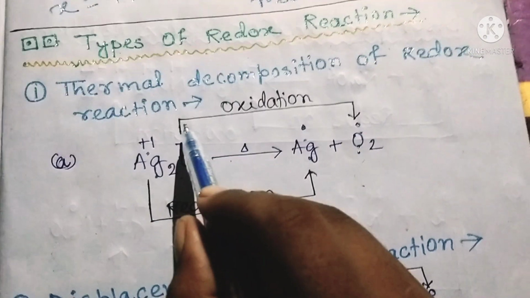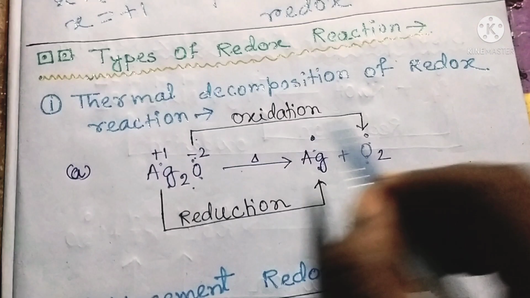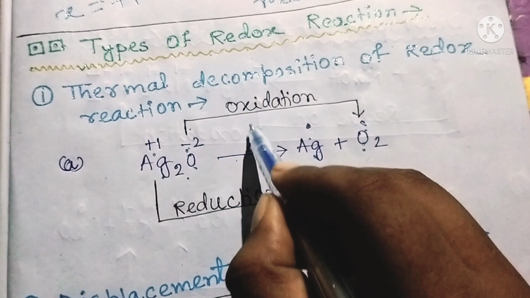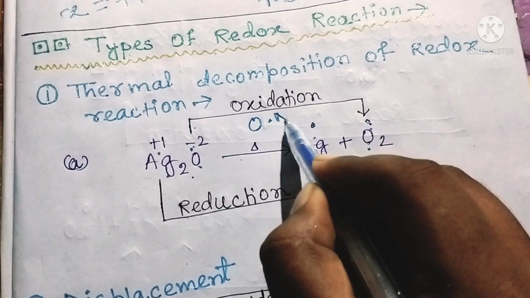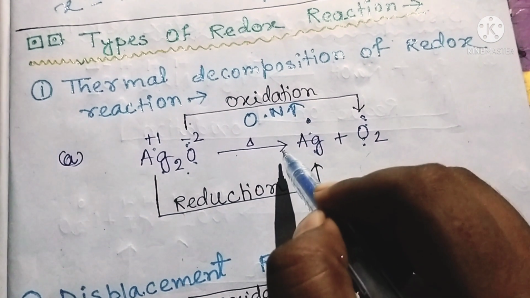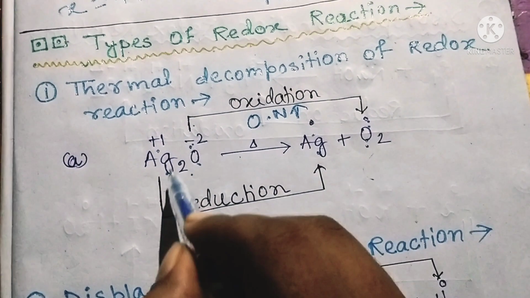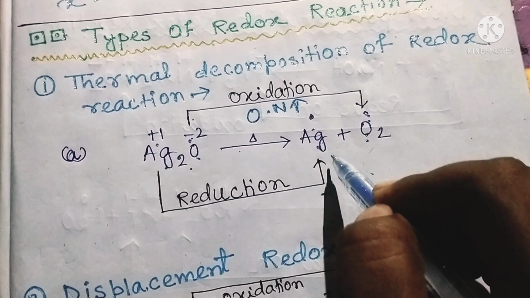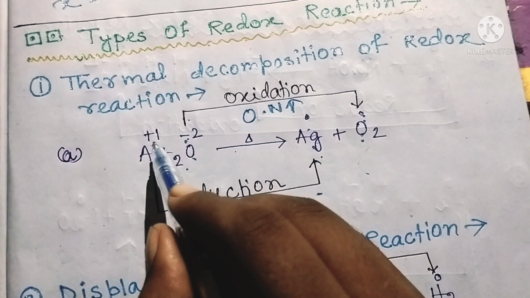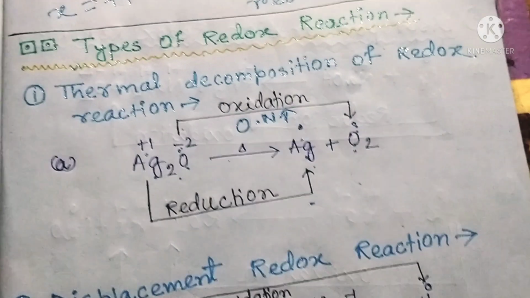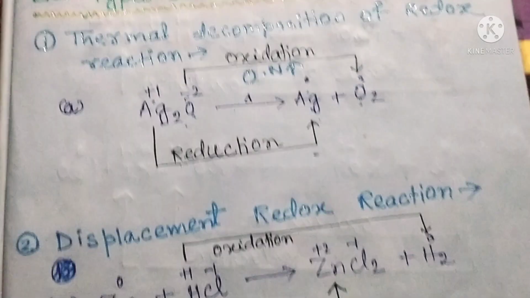So from oxygen -2 to 0, oxidation number increases, so oxidation occurs. And from Ag +1 to Ag 0, oxidation number decreases, so reduction occurs.